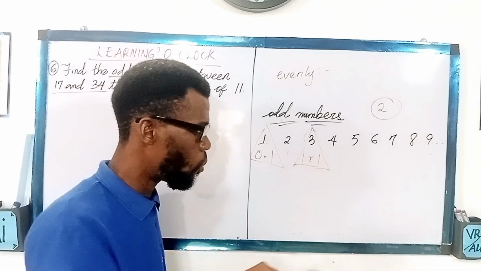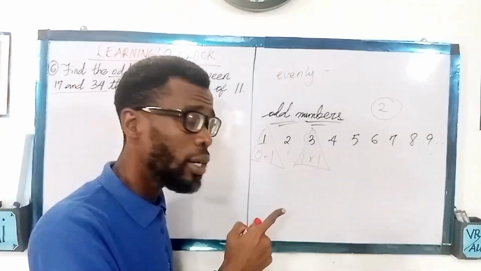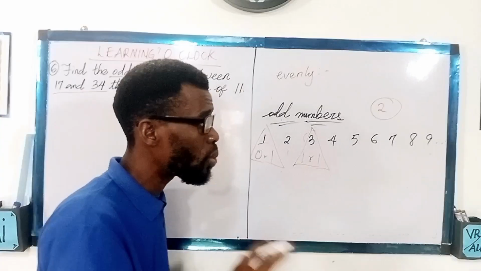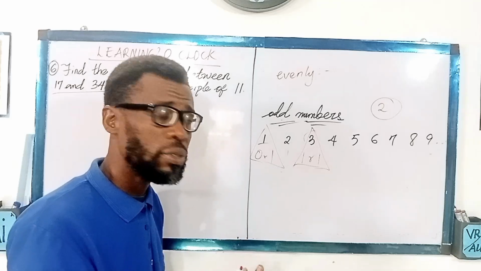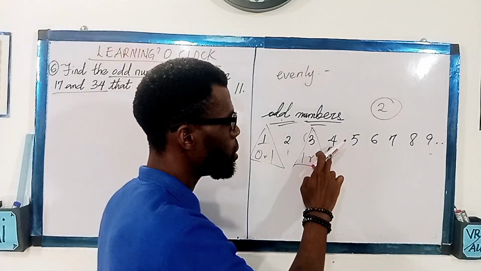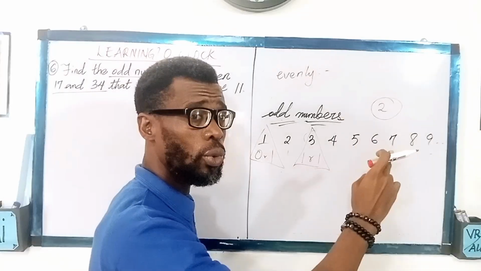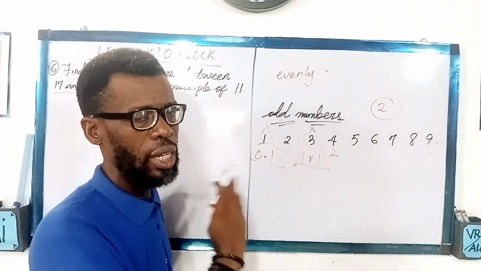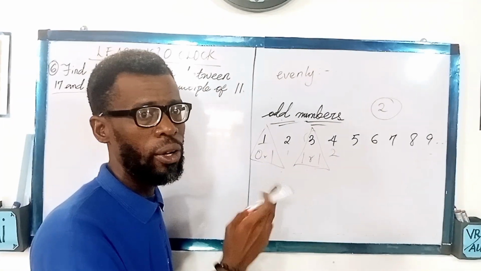That's correct, so this is an odd number. Once it has a remainder, it cannot be divided evenly. 4 divided by 2, you get 2, no remainder. It's not an odd number.